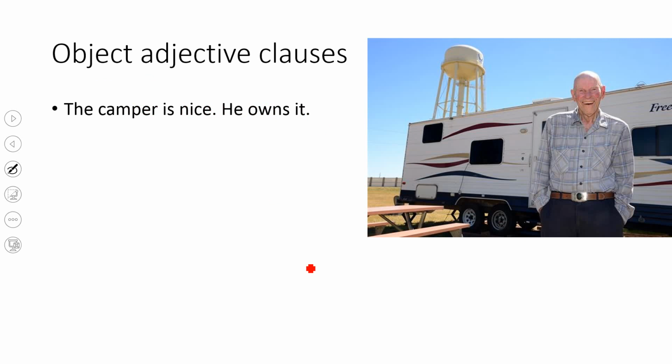Here's another example. The camper is nice. He owns it. Camper and it. Those two are the same, so when I combine the ideas into one sentence with an adjective clause, it will go away. Camper is a thing, so we're going to use which. Which will replace the word it.